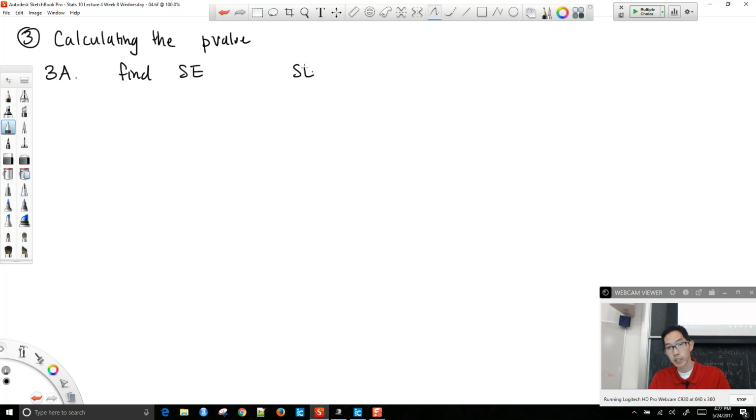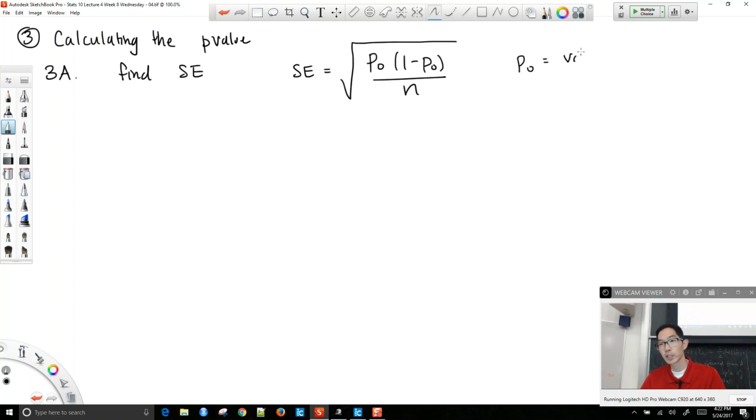The standard error is given by the square root of p0 times 1 minus p0 divided by n. What was p0 again? This is the value from the null hypothesis. So in our most recent example, the value from the null hypothesis is 17%.